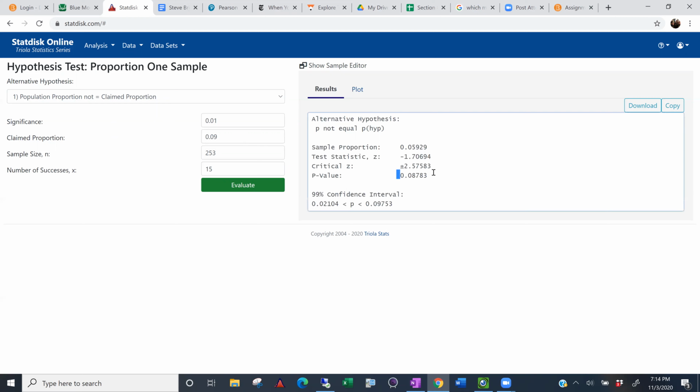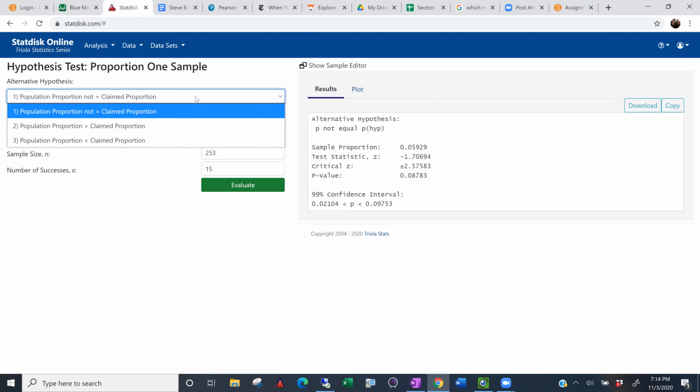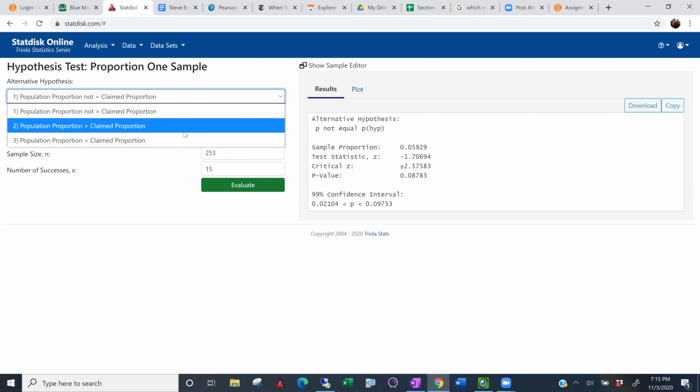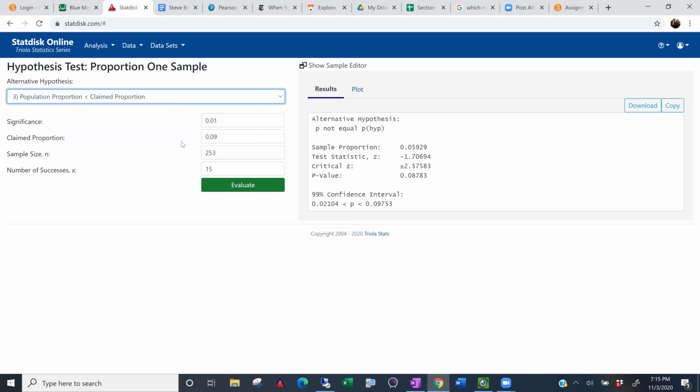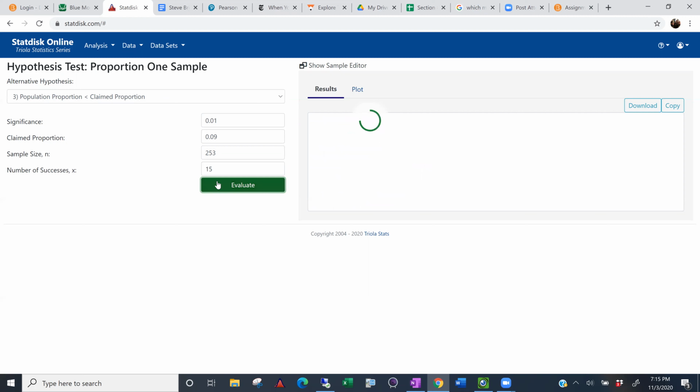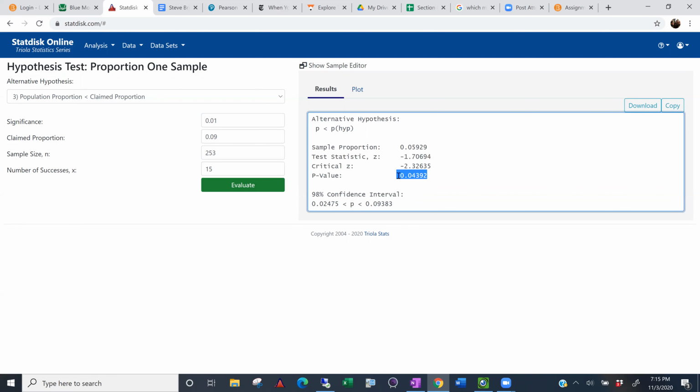If you notice, our p-value is about twice what we had when we looked at the calculator data. And that's because I didn't choose the correct alternative hypothesis. In our case, the population proportion is less than the claimed proportion. So good thing I made a little mistake here, but we caught it. There we go. So that matches things now. There's your p-value, about 0.044, like we had just a minute ago.